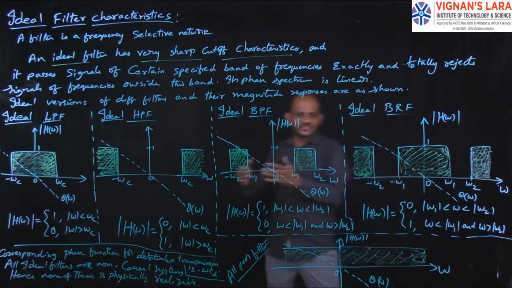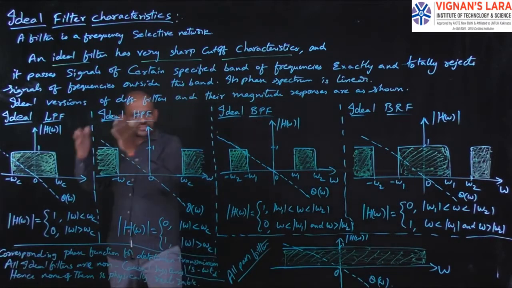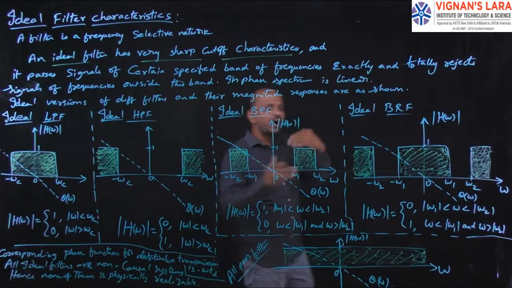If you want to pass up to a frequency, it will pass all the signals up to that frequency, and it will stop the signal after that frequency.